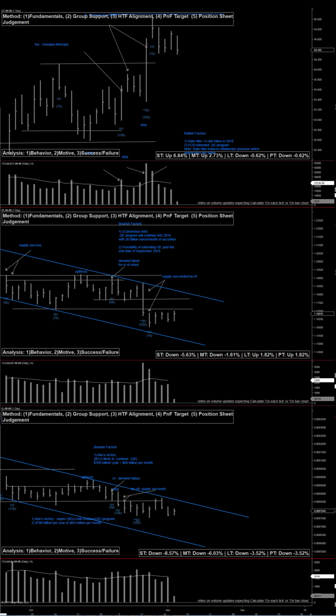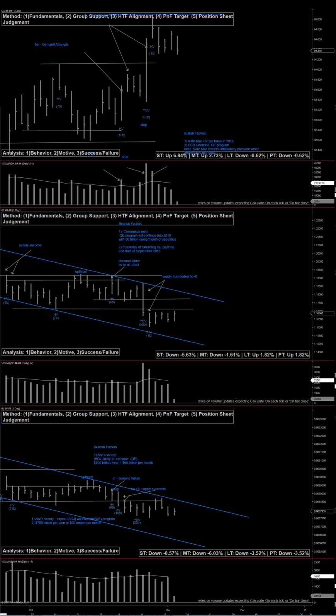But look at the volume on the break. It's the biggest volume in over 50 bars on that break, and that means that it was a valid break in my book, especially when it had follow through and now it's hanging out.